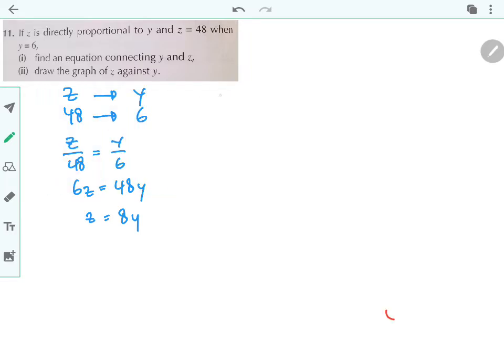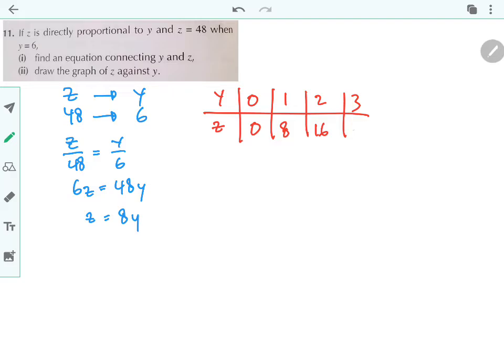Okay, now using the same method again, use another color. Okay, so y and z. So when y is 0, because z is like 8 times of y. So here 1, 8, 2, 16, 3, 24.